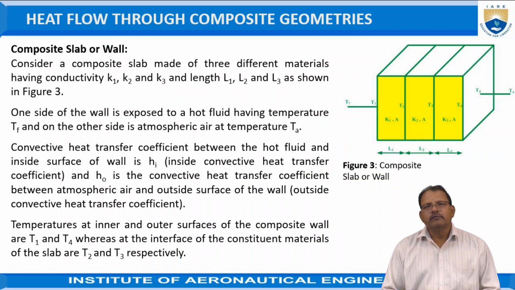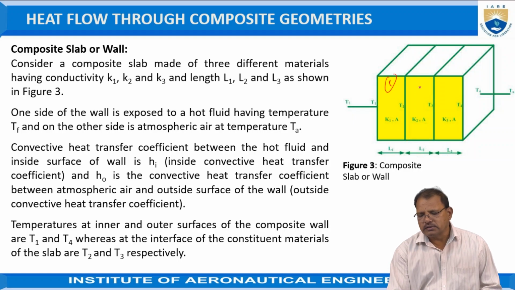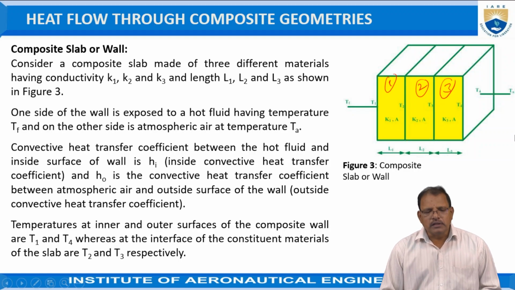In this case we are taking just 3 layers of the wall. Let us consider the wall or the composite slab made up of 3 different materials, represented as 1, 2 and 3, having thermal conductivities K1, K2, K3 and their thicknesses represented as L1, L2 and L3, as shown in the figure.